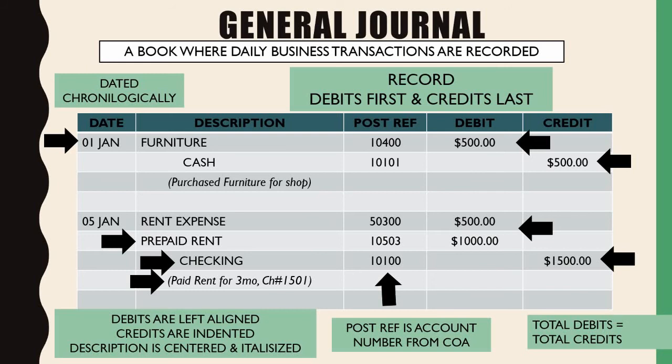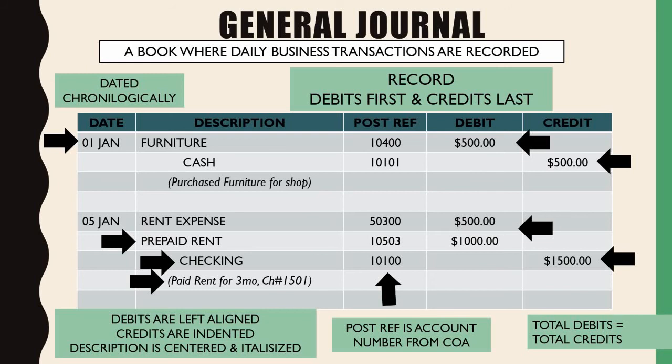Oftentimes, if you're the sole bookkeeper or sole accountant, you can get away with not having a description, because when you have this, you have to have your source document either attached to the journal or whatever. But with that being said, if you're one person out of 3 bookkeepers, you generally want to put a description because it helps other people that look into your books understand what happened.